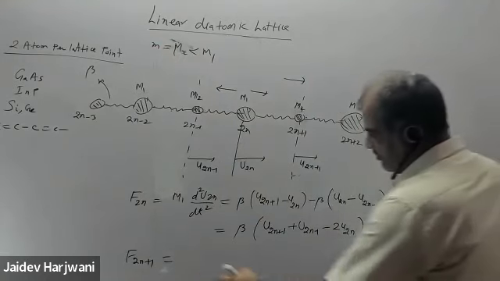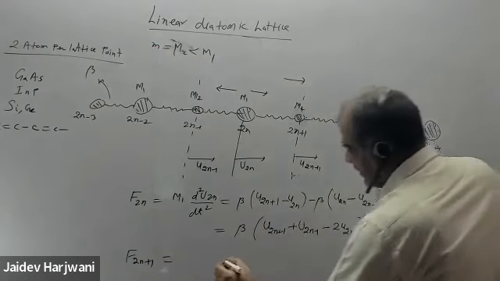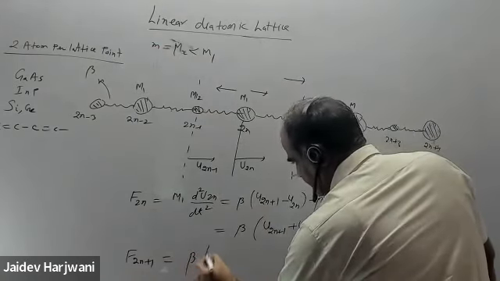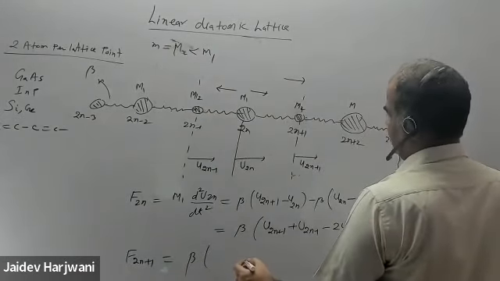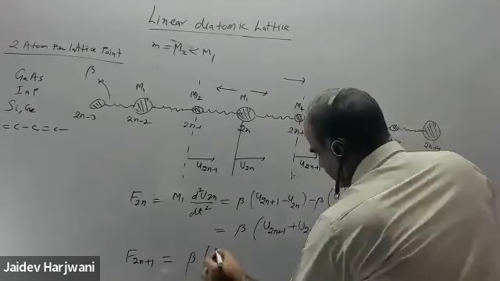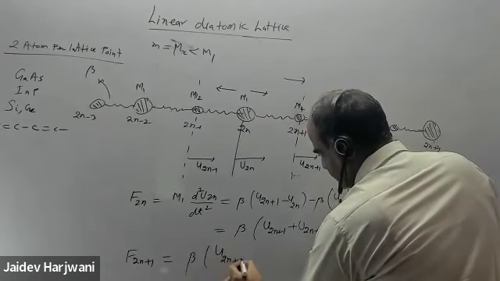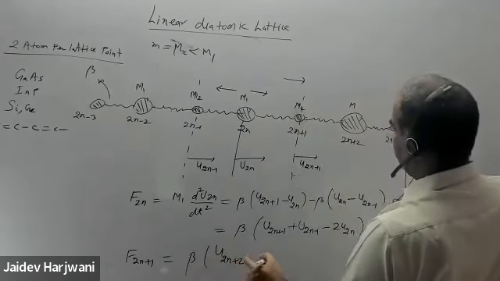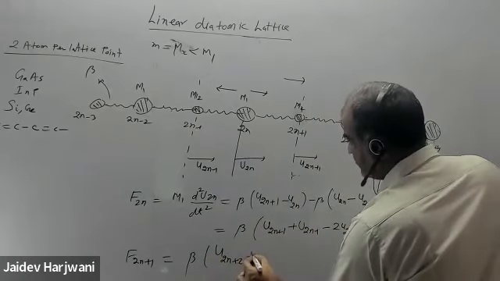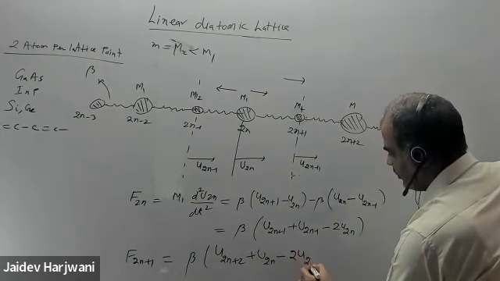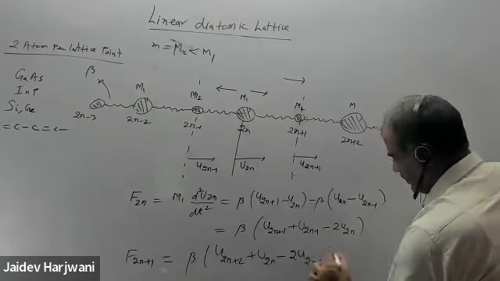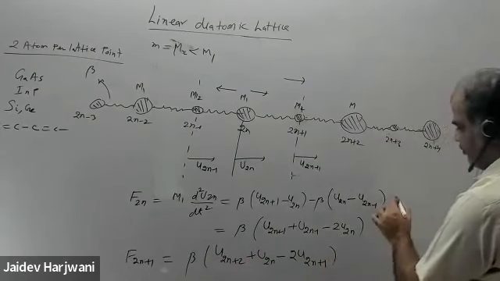If I want to write the force on the lighter atom in a similar way, I can write beta times (u2n plus 2 minus u2n plus 1) plus (u2n minus u2n plus 1). So this will be your equation 1.